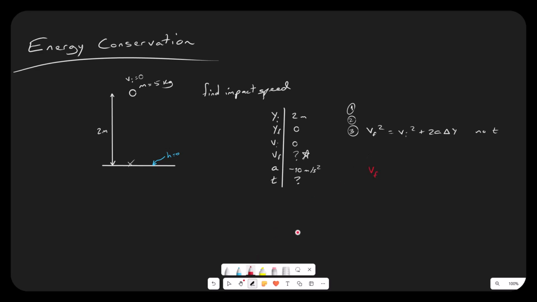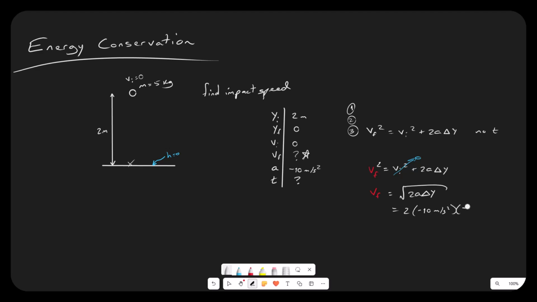I would find my v final squared equals v initial squared plus 2a delta y. This thing's going to be 0. So my v final works out to be the square root of 2a delta y. 2 times negative 10 meters per second squared.